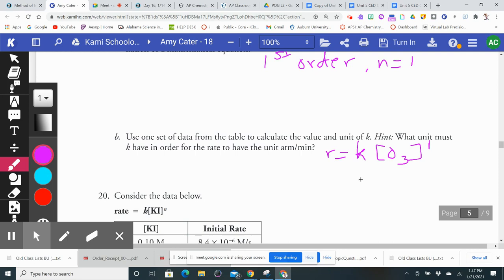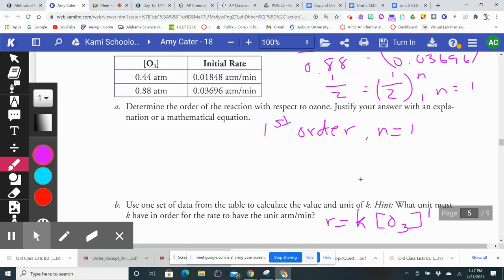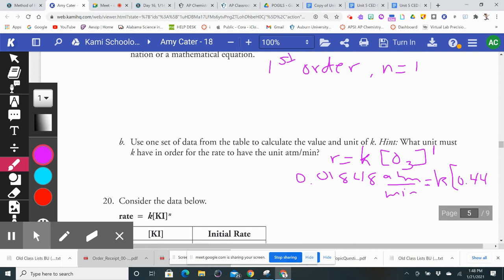All right. So 0.44 and 0.08, so 0.01848 atmospheres per minute equals K times 0.44 atmospheres.